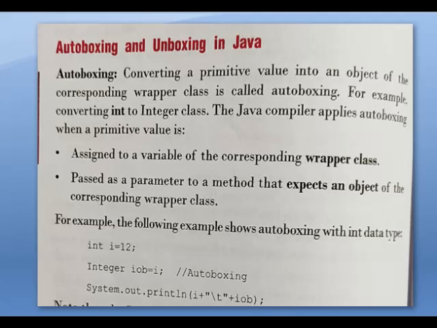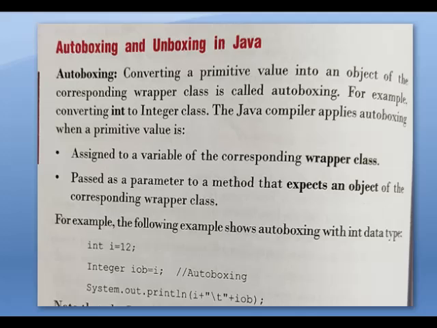For example, converting int to Integer class. int is a primitive data type, and Integer is a composite data type.